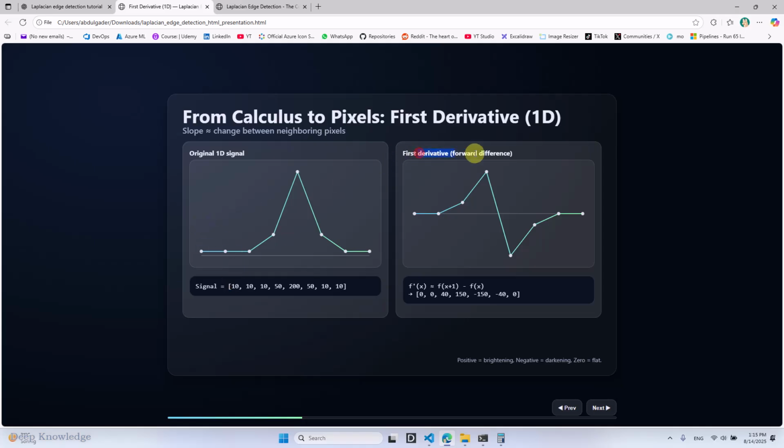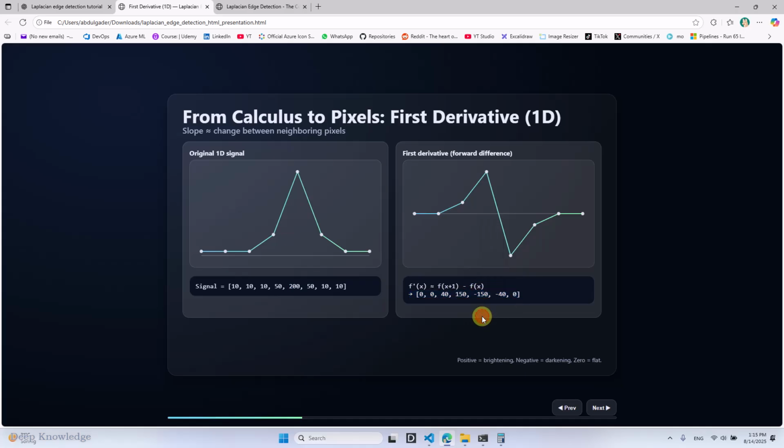The first derivative is for the differences. So 10 minus 10 is 0. Then 10 minus 10 is 0. 50 minus 10 is 40. 200 minus 50 is 150, and so on. 50 minus 200 is minus 150. That's it, this is the first derivative.